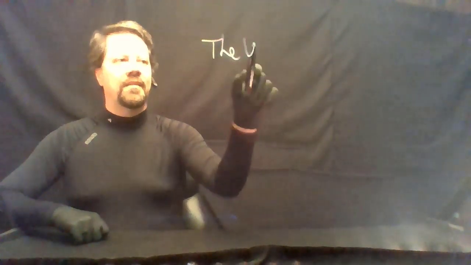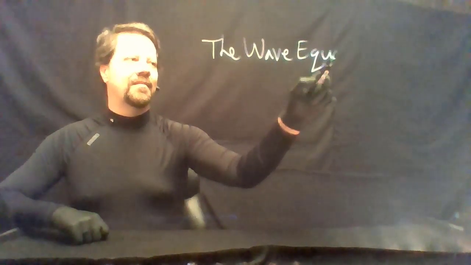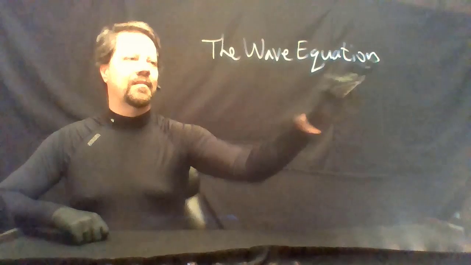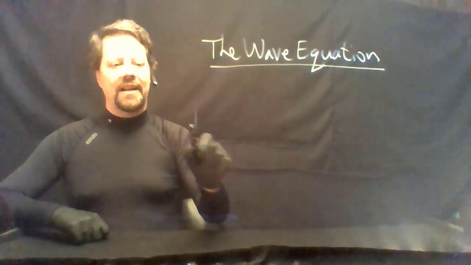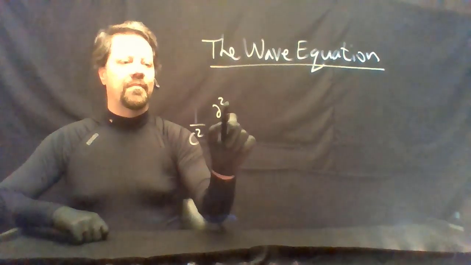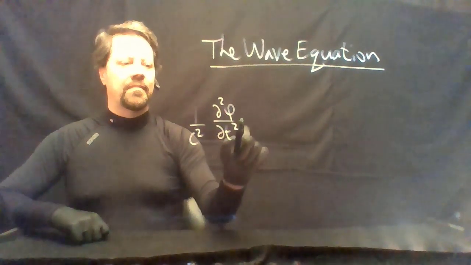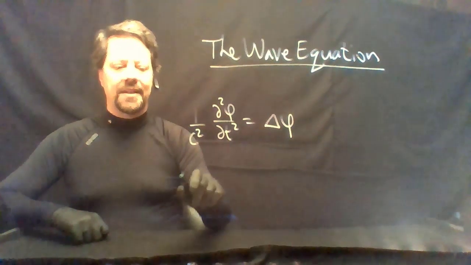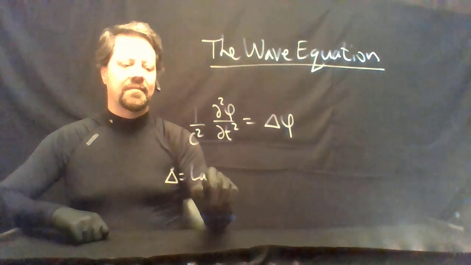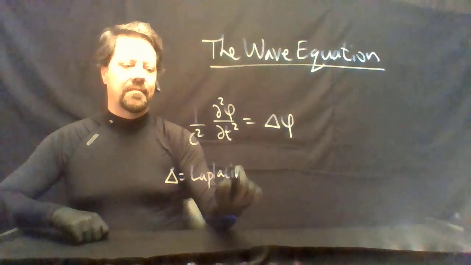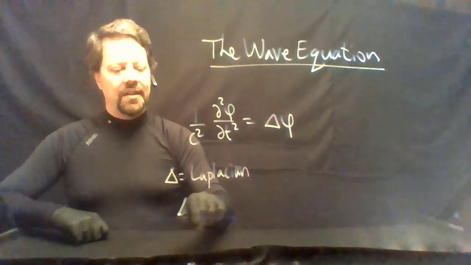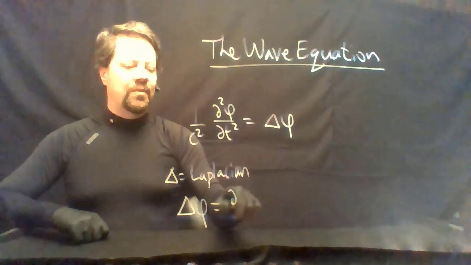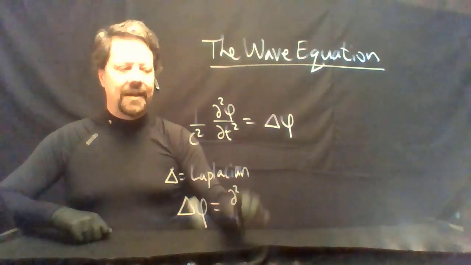There's an equation called the wave equation. Generally, it has the following form. Here, the triangle represents the Laplacian. And so the Laplacian of phi will be the divergence of the gradient of phi.